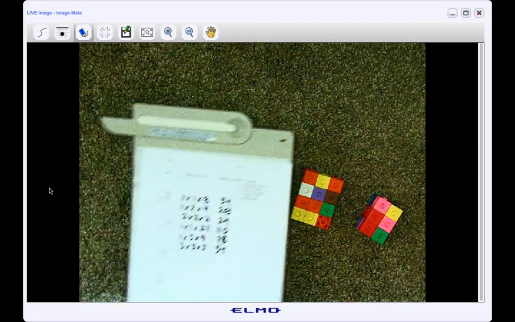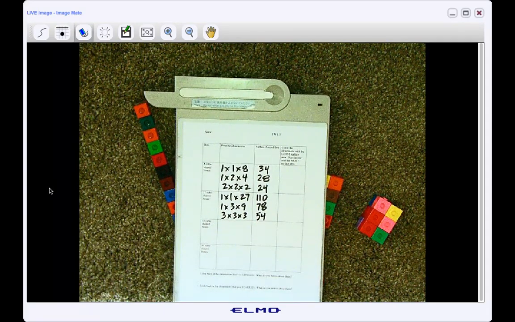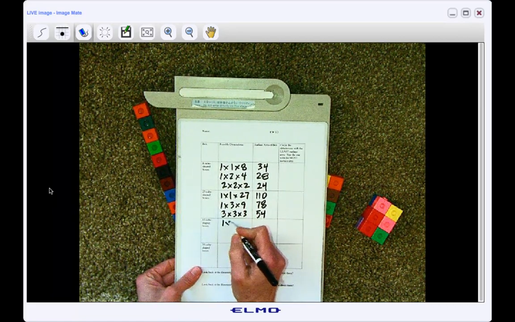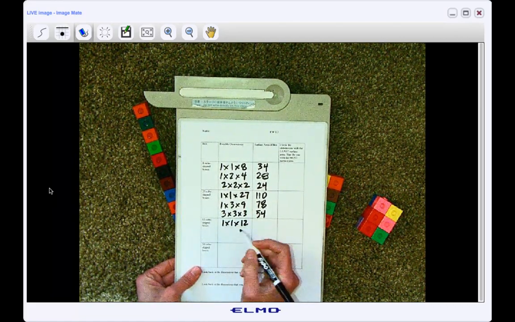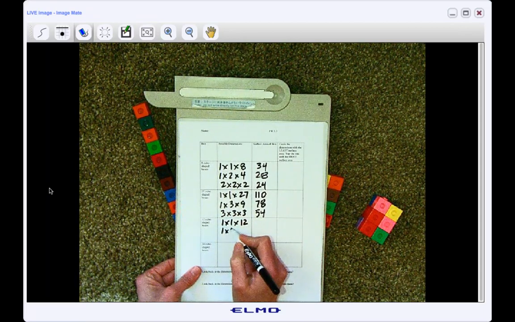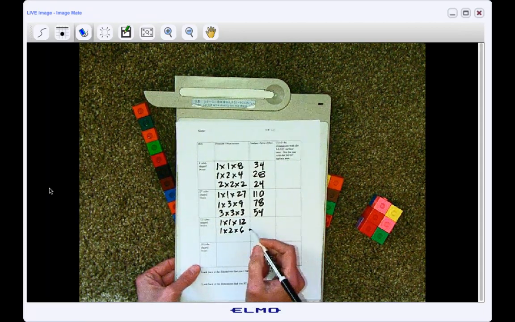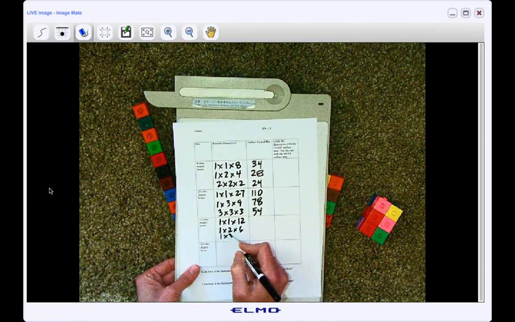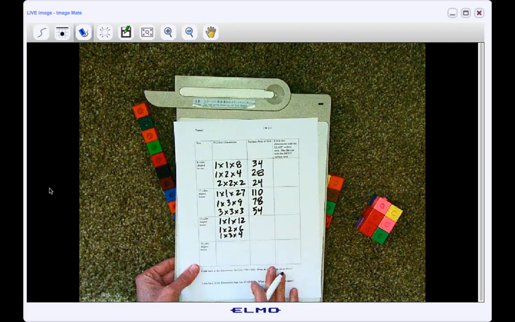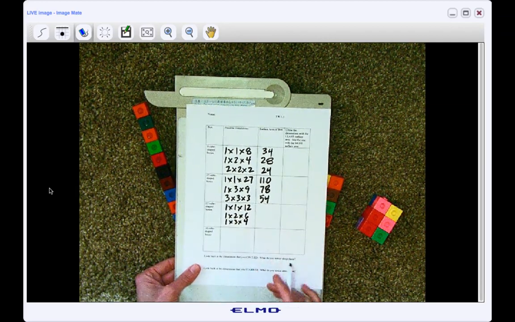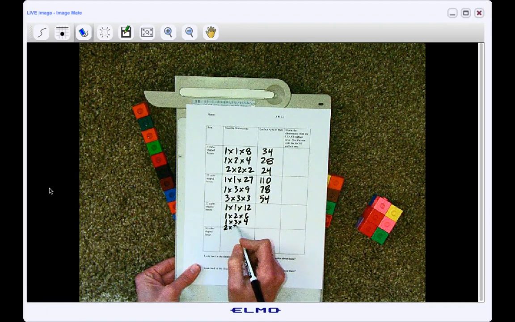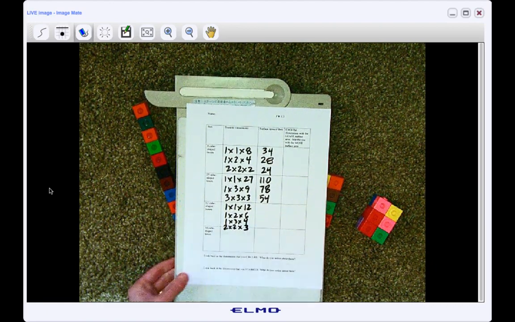Okay, so let's add those to our list. We got a 1 by 1 by 12, 1 by 2 by 6, 1 by 3 by 4. I think I'm writing a little bit too big. And a 2 by 2 by 3.